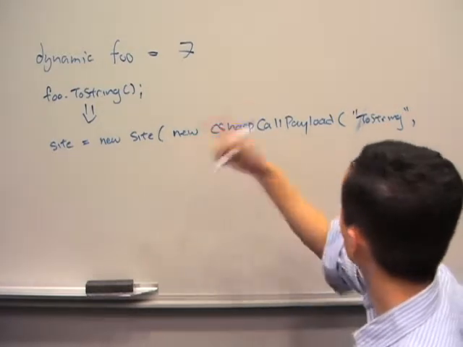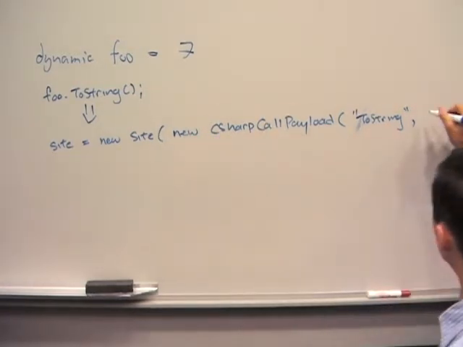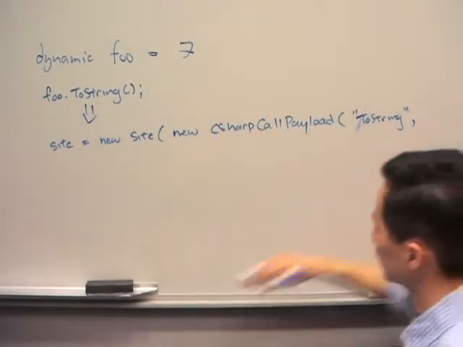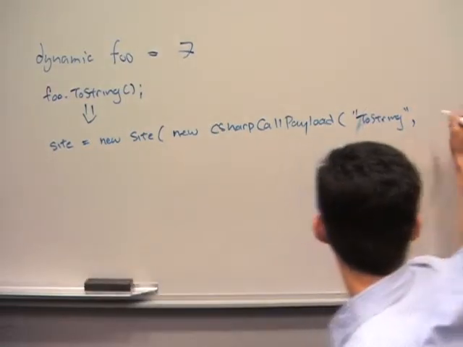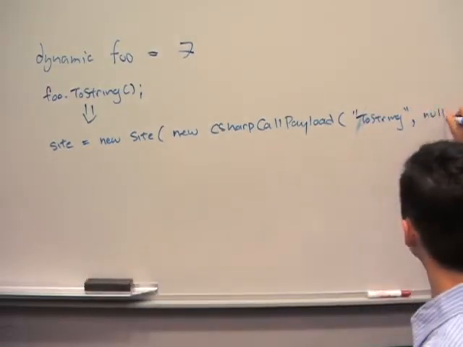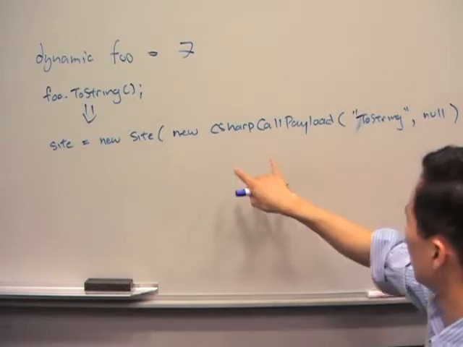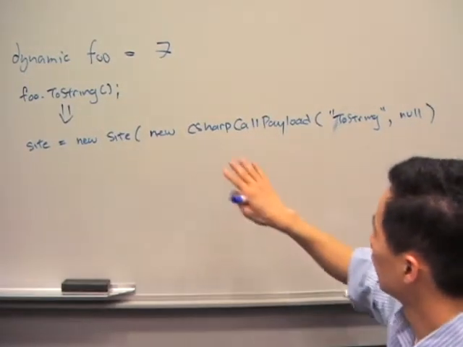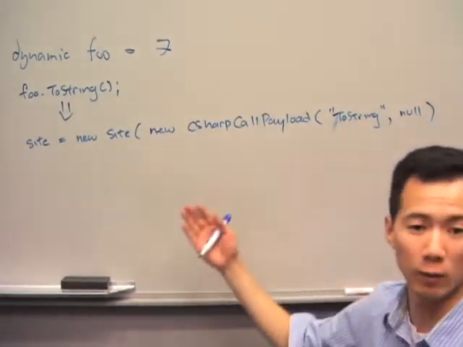Usually we have some stuff to do with the arguments, but we don't in this case, so we end up giving you a null array of these kinds of things. Essentially, we seed the site with information about what it is that I want you to do.